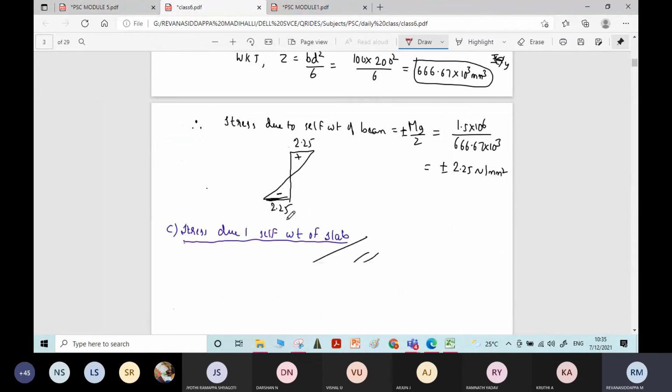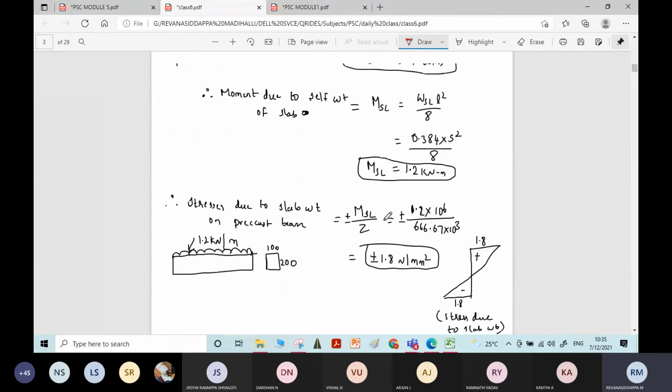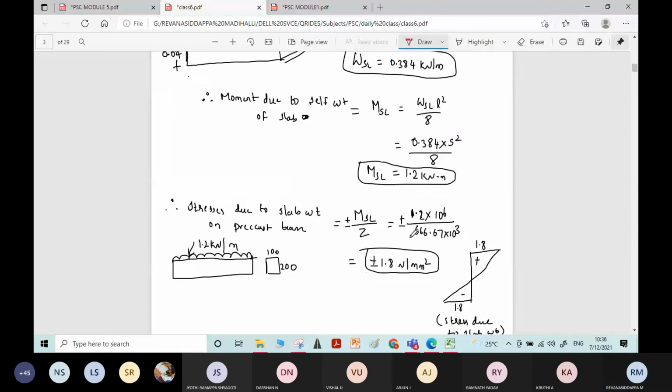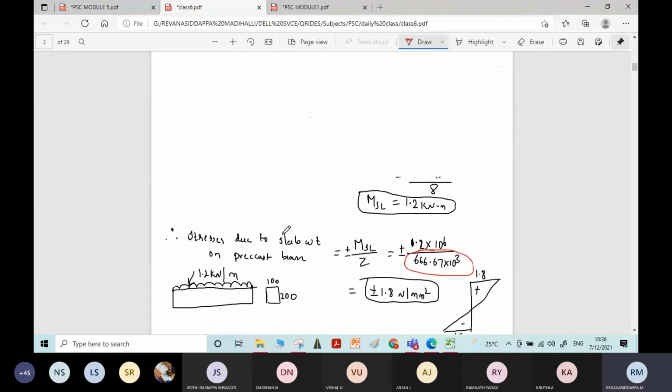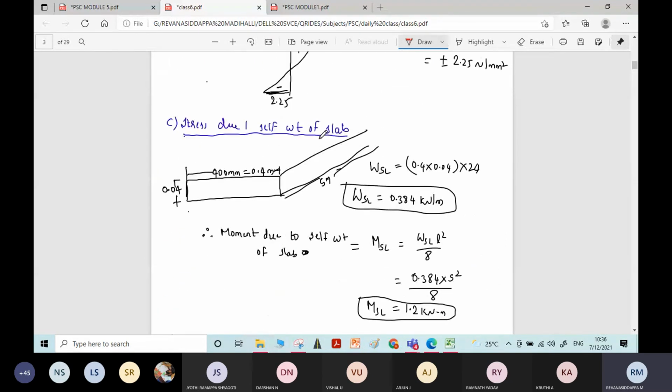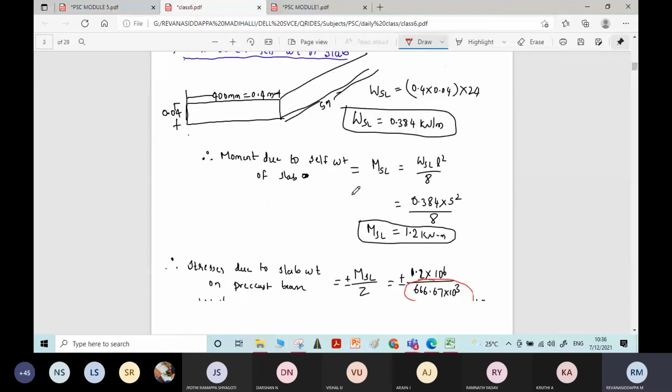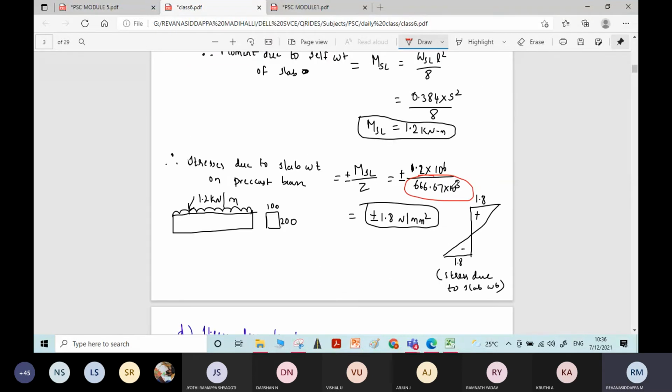While calculating stress due to the self weight of the slab for unproper construction, we have taken section modulus of the beam cross section.